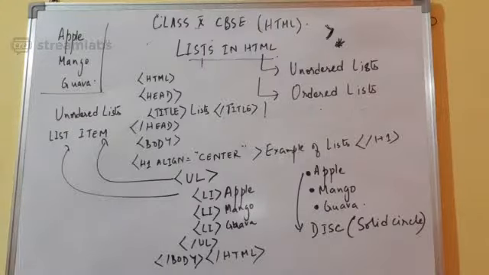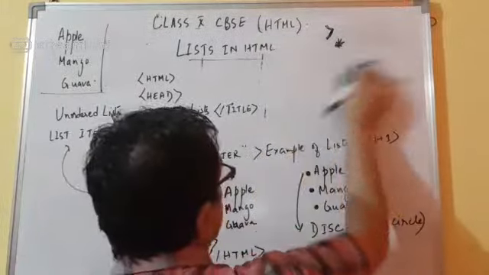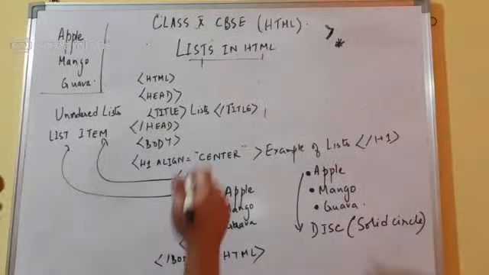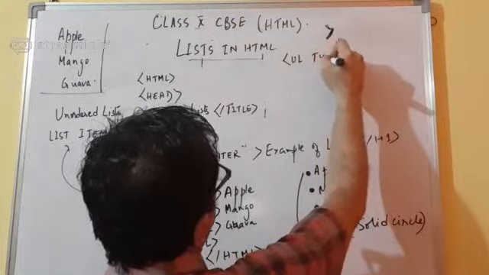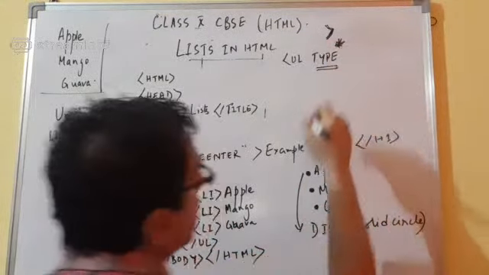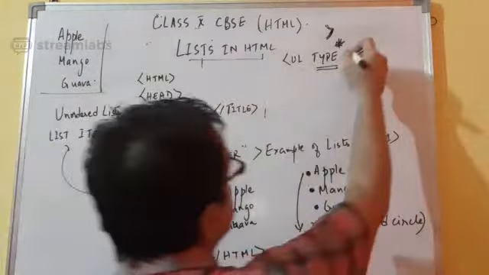Now what if I want to represent the list with another kind of symbol? The UL tag has only one attribute, called type. This changes the kind of symbol placed before the list items. So type equal to circle.